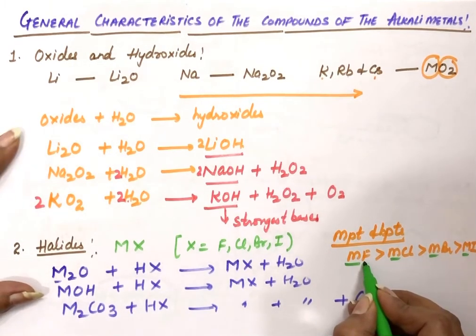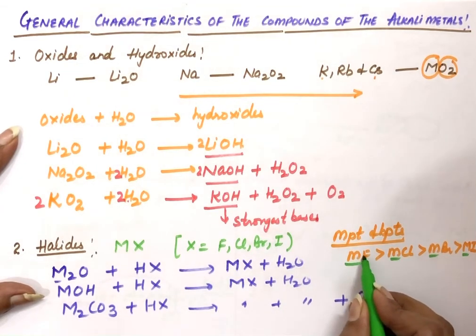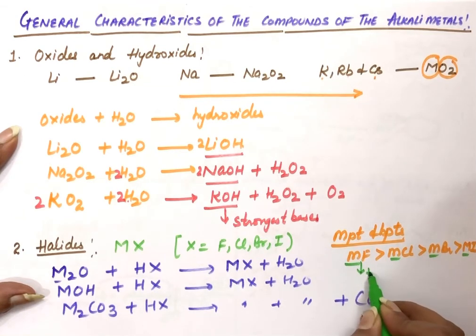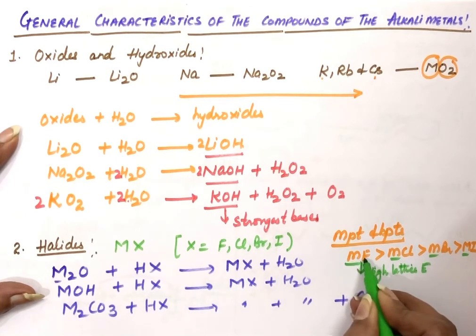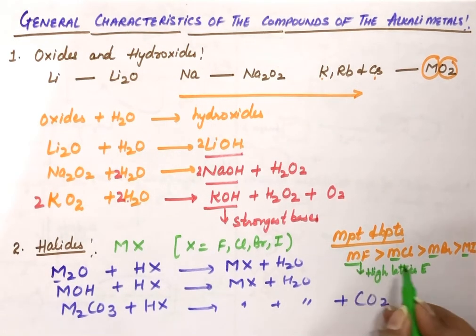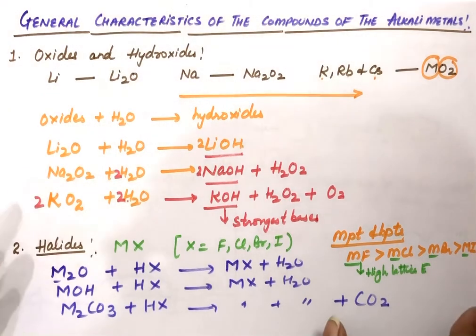A high melting point means the bond is strong. This is an ionic bond, and ionic compounds exist as a lattice, so there is high lattice enthalpy. It's difficult to break this bond. That is why the melting point of fluoride is more than chloride, chloride more than bromide, and bromide more than iodide. Iodide size is big, so it's easy to break this bond.